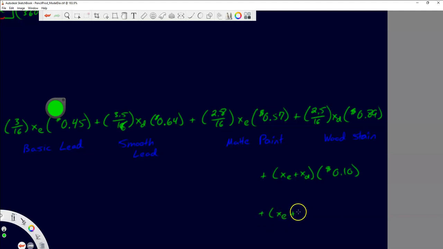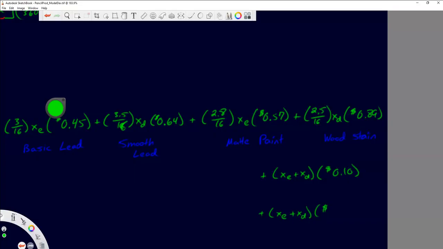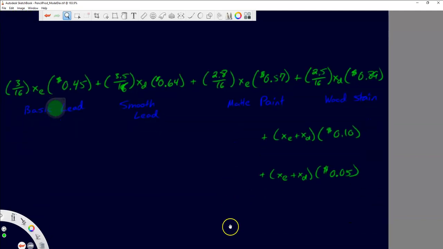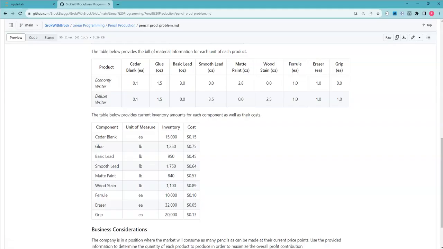Then we've got the eraser, which is a nickel, or 5 cents. And then the grip finally, and the grip's only used in the deluxe, so it'll be X sub D times 13.